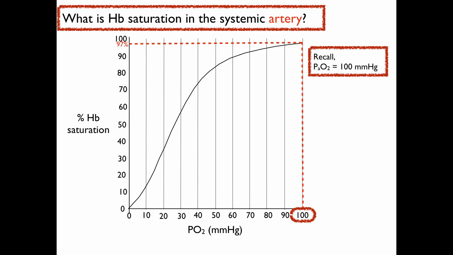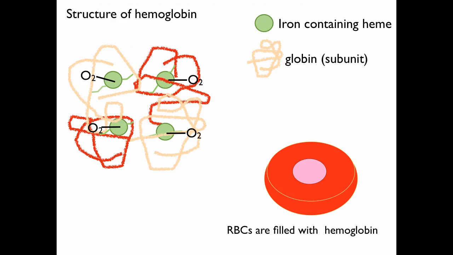At a PO2 of 100 in the systemic artery, hemoglobin is approximately 97% saturated. So that means essentially most heme groups within hemoglobin in that part of the blood are bound to oxygen. Very few heme groups do not have an oxygen associated with it.